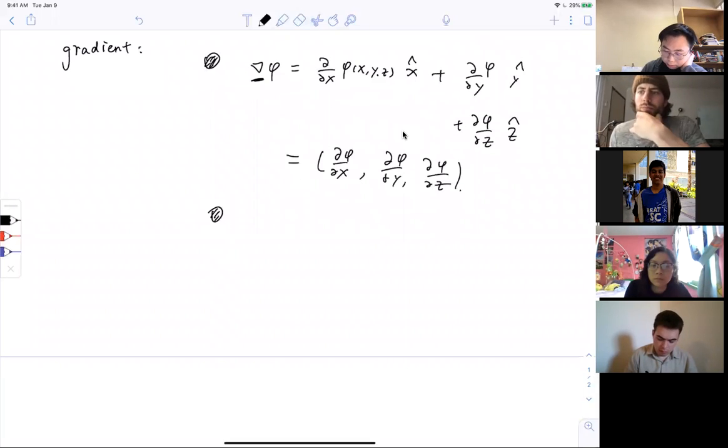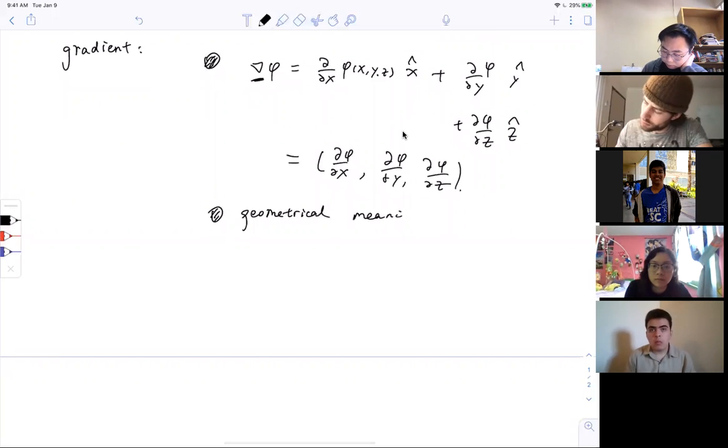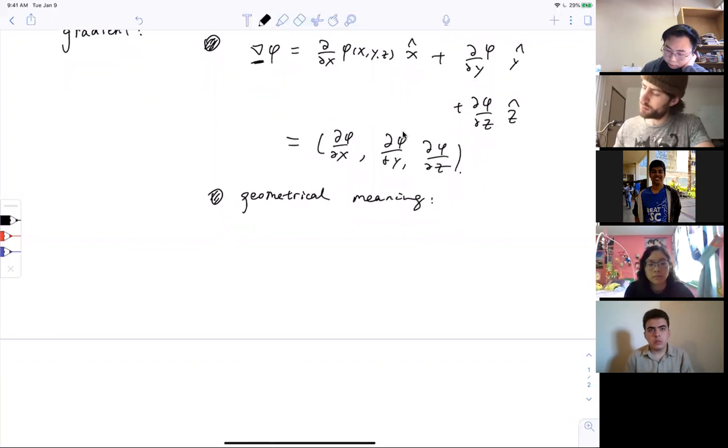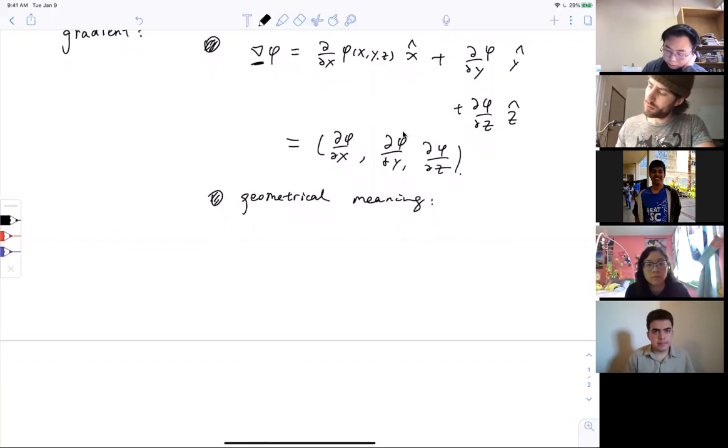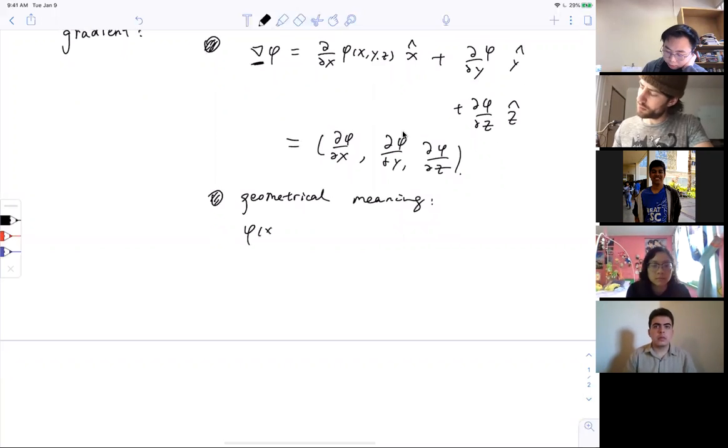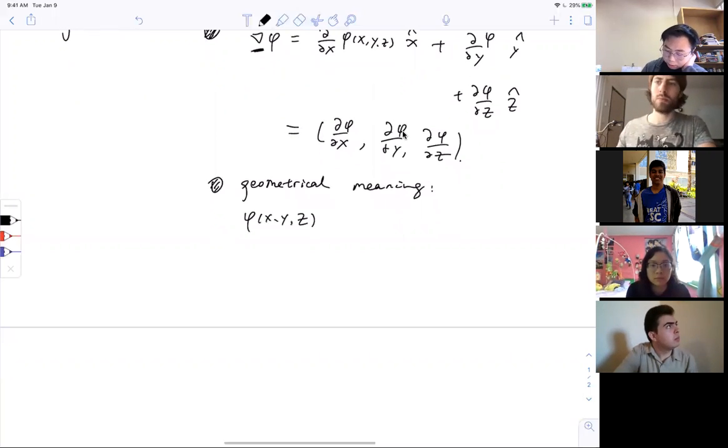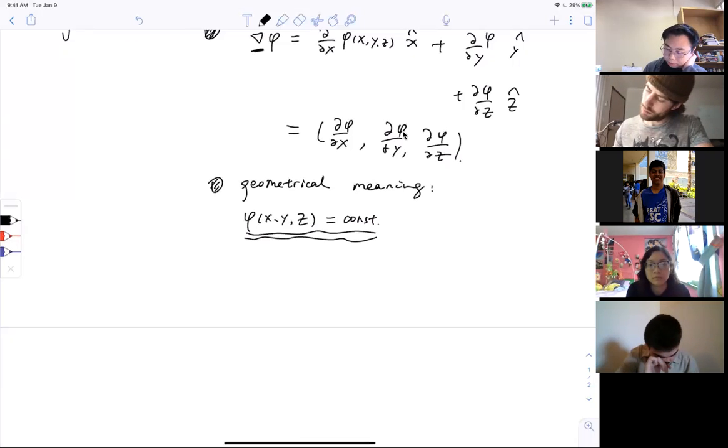Another one is the geometrical meaning. So imagine we have a scalar field phi(x, y, z) in a three-dimensional space. We consider an equation setting phi equal to a constant. This equation represents a two-dimensional surface, right?